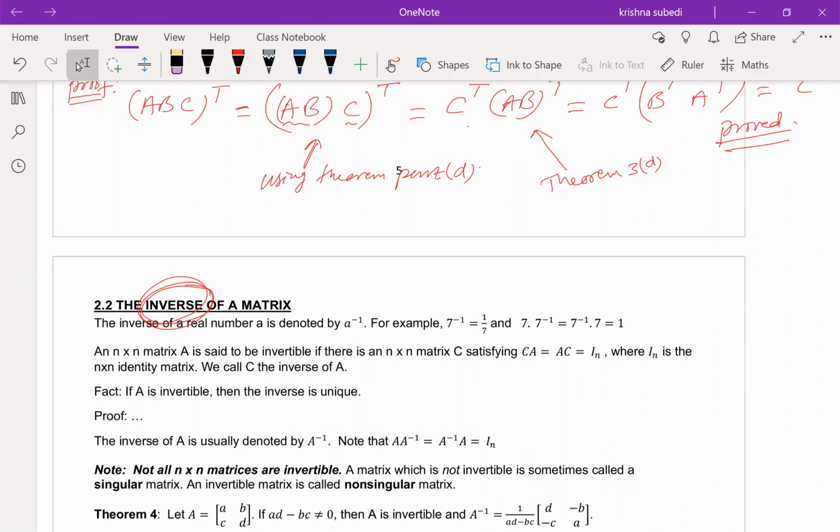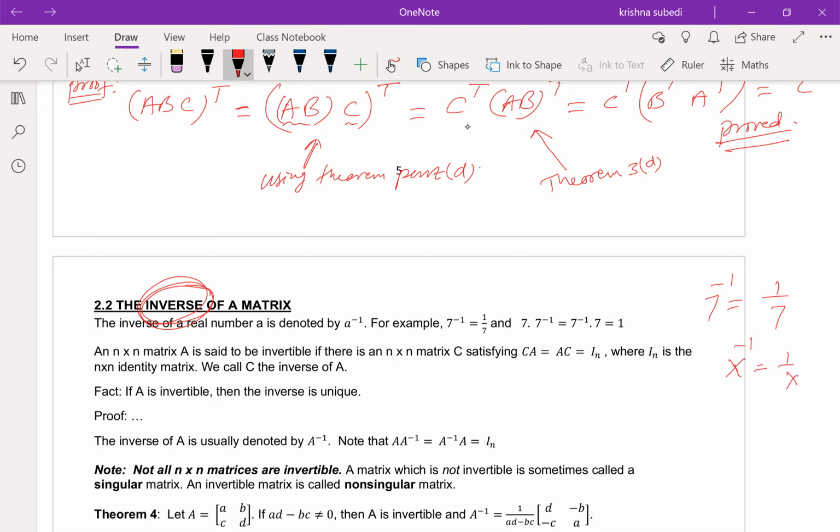Now, let us talk about inverse. In elementary school, maybe middle school, you know that inverse means, for example, when we have 7 and we say 7 inverse, it means 1 over 7, right? When you have x inverse, that means 1 over x.